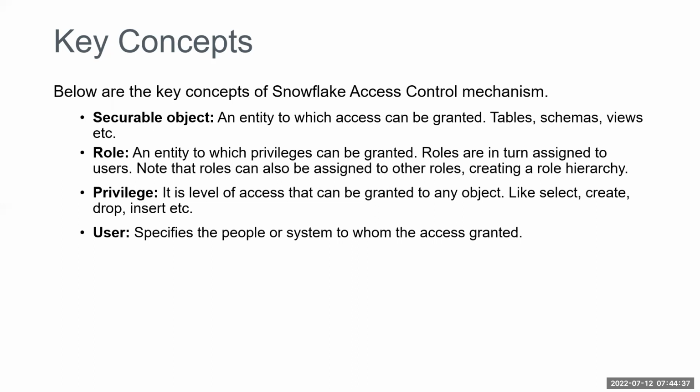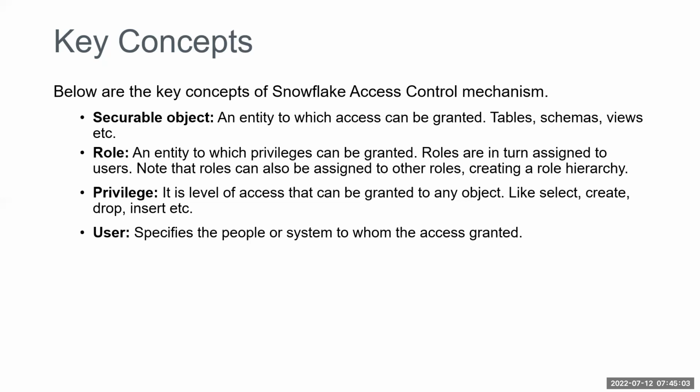Whatever I explained in the previous slide: first we create some roles, then we assign all the privileges required to that role, then we assign that role to users. Roles can be assigned to other roles also. I will explain in practical how we'll do that.